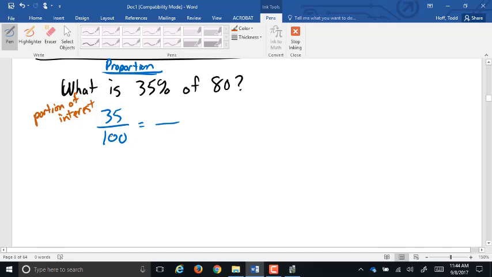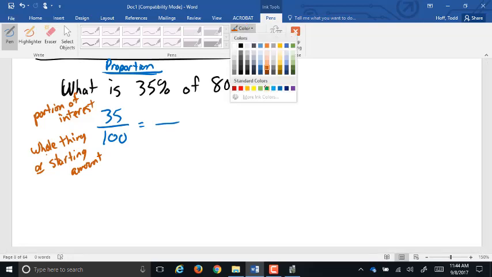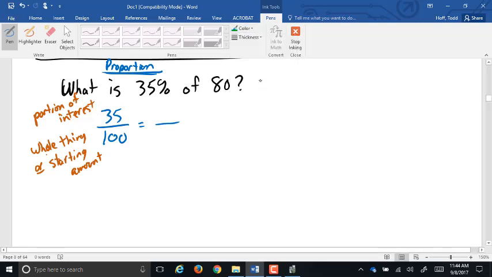The 100 represents the whole thing, or a starting amount or initial amount. Often referred to as the base or the baseline.